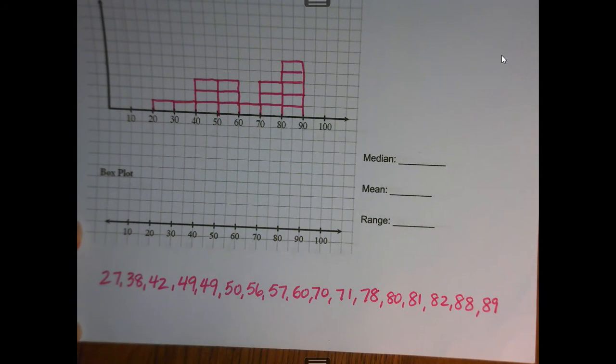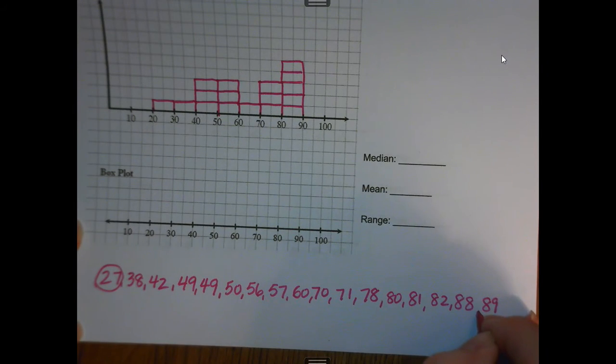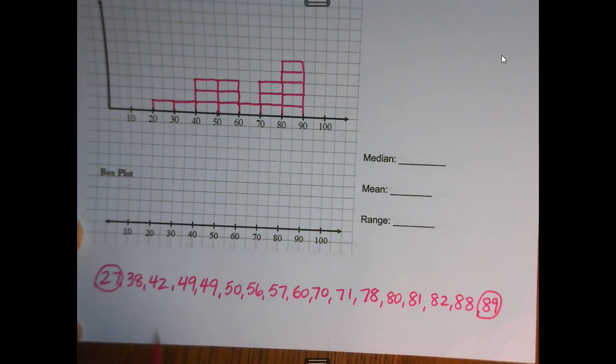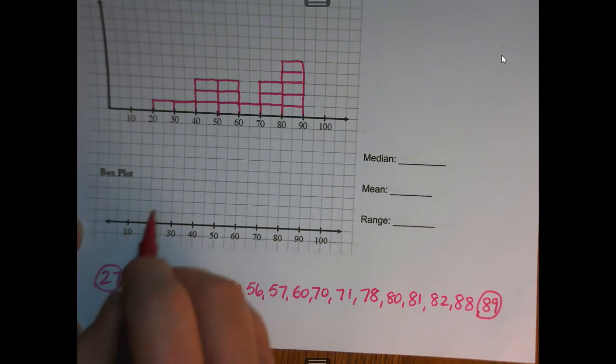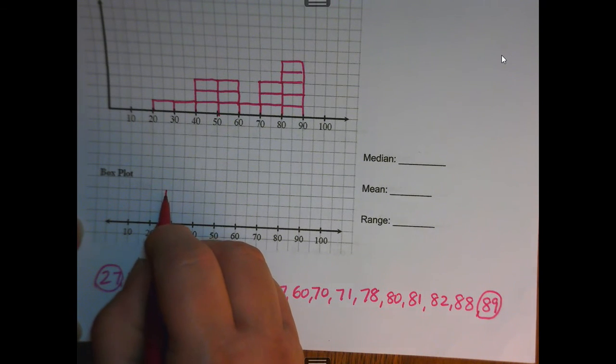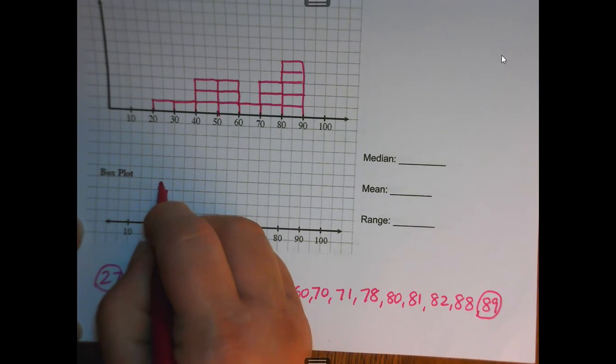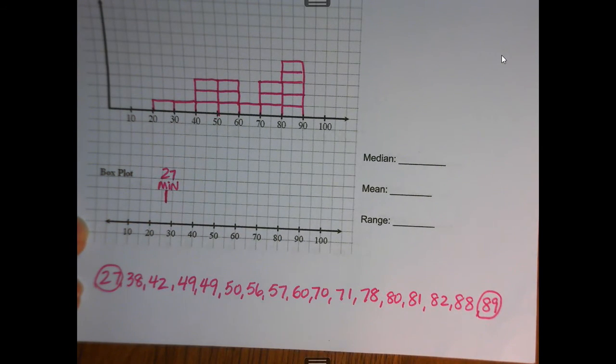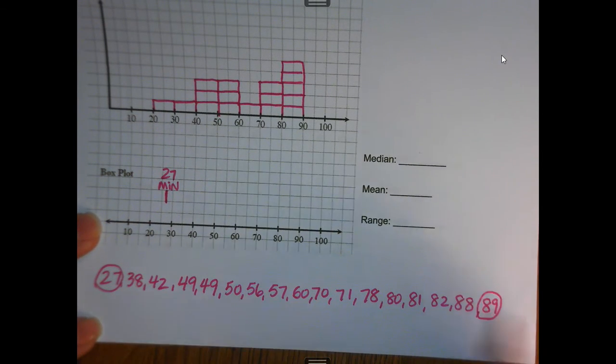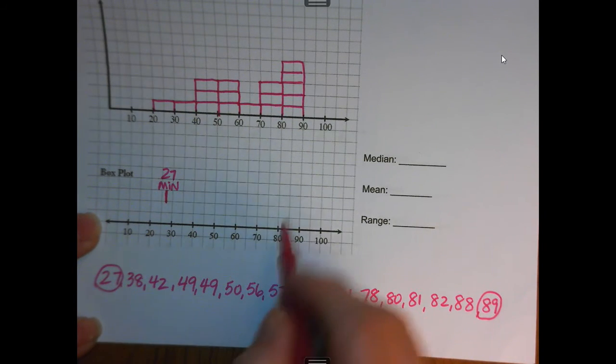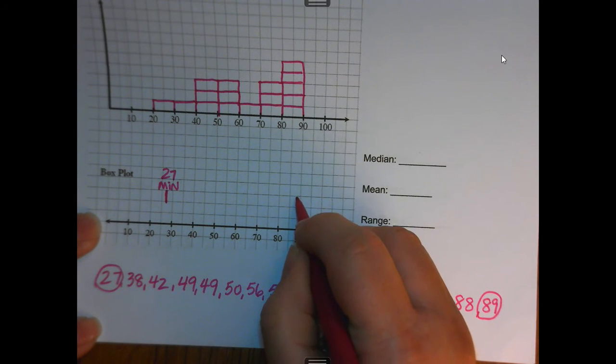To start our box plot, we need to identify the minimum and the maximum. The minimum on my box plot is going to go right about here. It's the minimum, and that's 27. My maximum is 89. I look on the number line below and see where that would fit, and that would fit right about here.